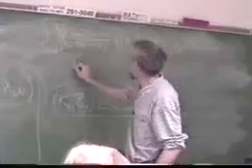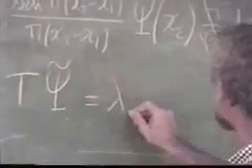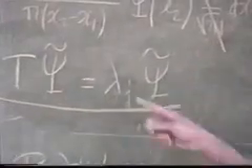You see what happens here now. We have an operator on the left that is denoted by t. So this equation is like t psi theta is equal to lambda j psi theta. What is t?